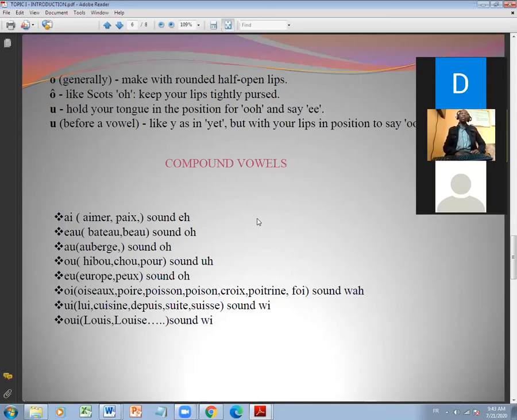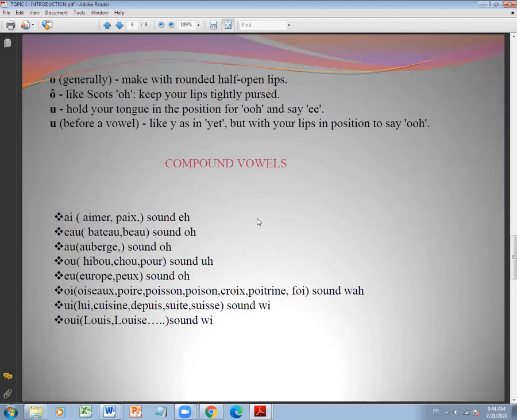Then we have got U, hold your tongue in the position of O, but you say U, okay? Then we have got the U before a vowel, like Y as in yet, but with your lips in the position of U. Now, the most important thing I want to talk about here is the compound vowels.